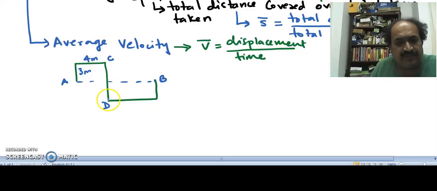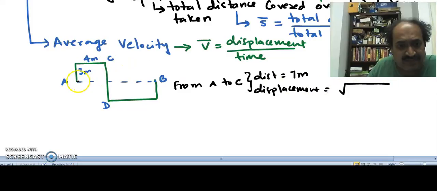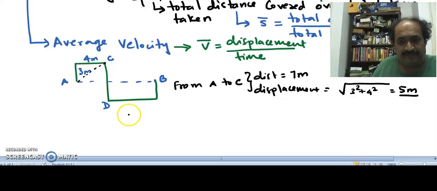So if I have to discuss from A to C, then I would write my distance is equal to 7 meter, whereas my displacement will be root of 3 square plus 4 square, which will give you 5 meters.